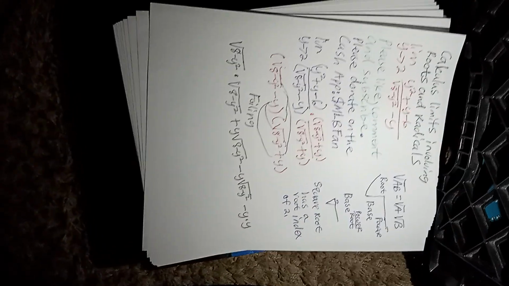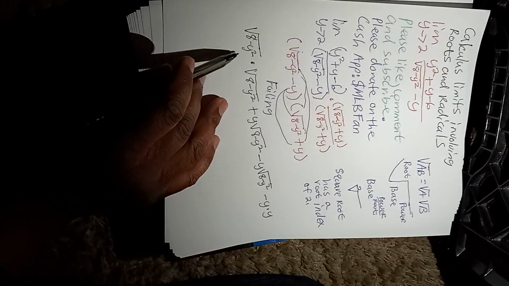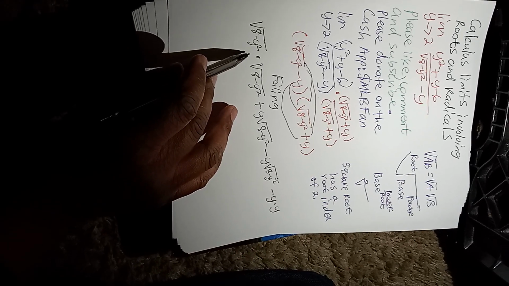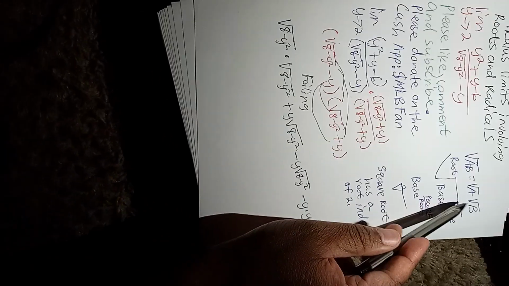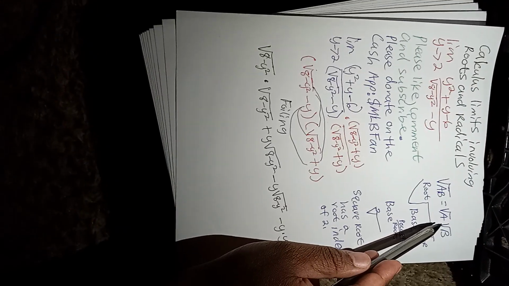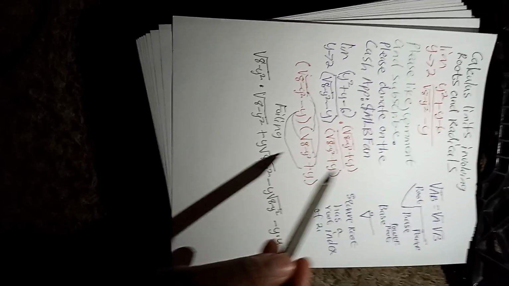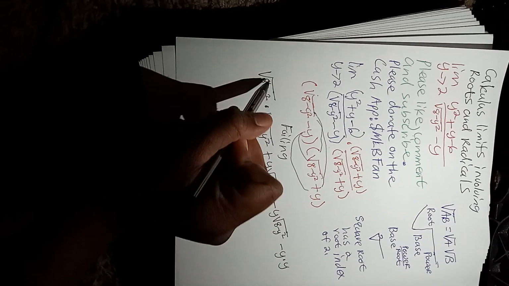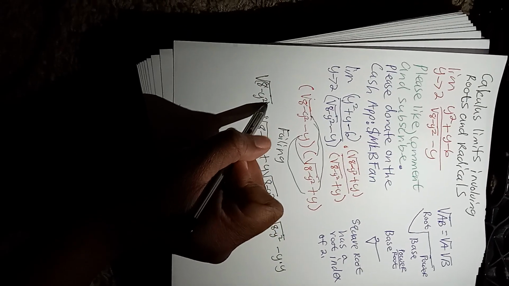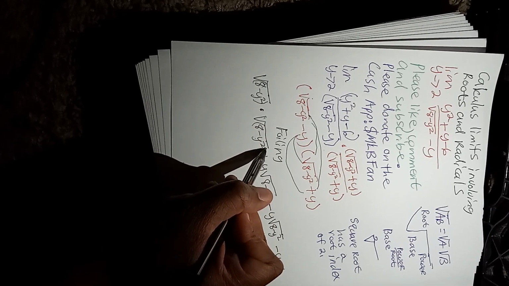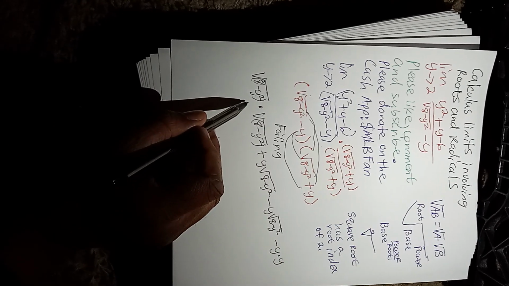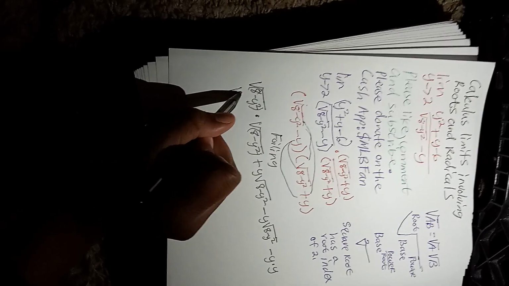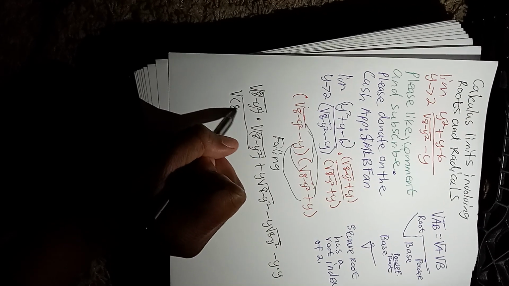Now notice that we have the square root of 8 minus y squared written twice. It is in the form of square root of a times square root of b, and they are the same root, so we can bring them together. We want to put parentheses around this, and since there are two of them, we can write them to the power of 2. But first, let's bring them together so you can see that.